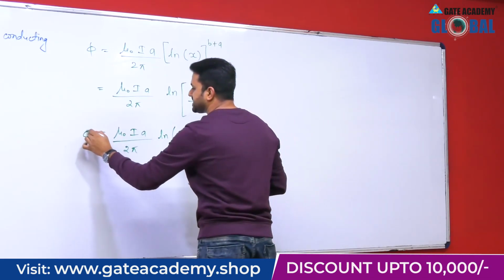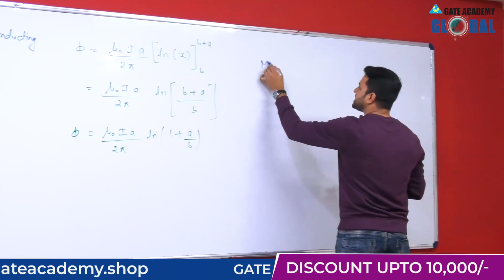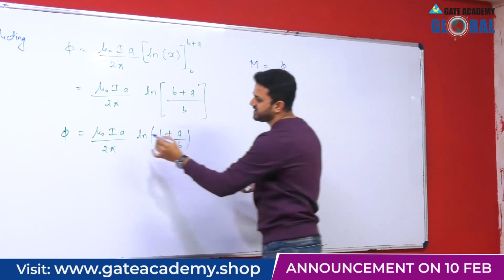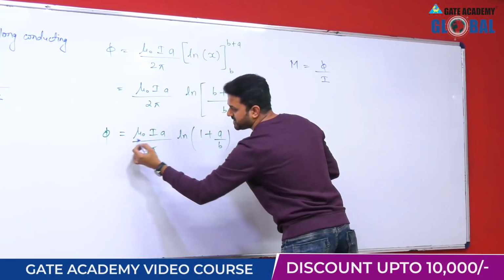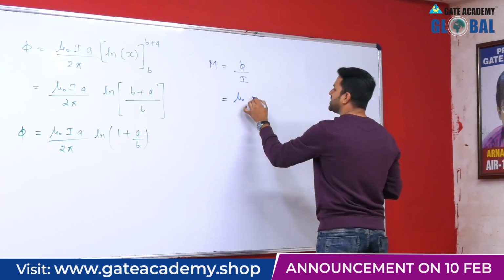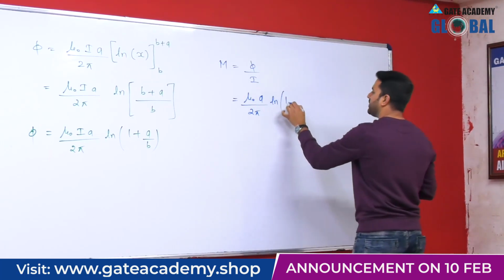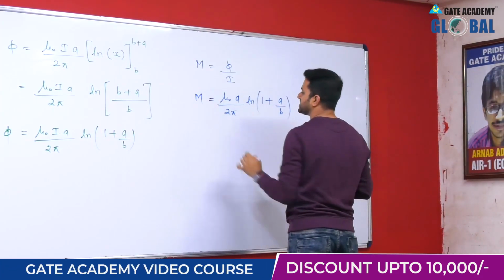Now this is the total flux, but the mutual inductance M is defined as phi upon I. So if I divide by I, we get mu naught into a upon 2 pi and natural log of 1 plus a by b. This is the mutual inductance.